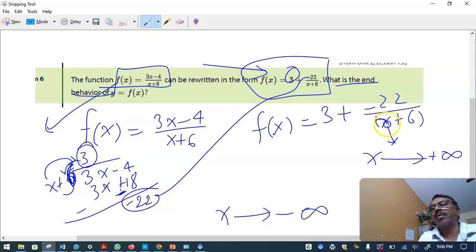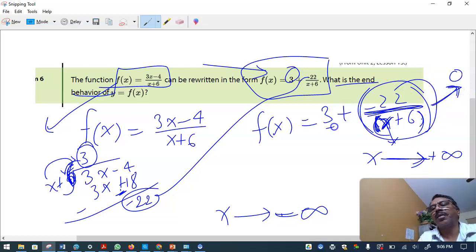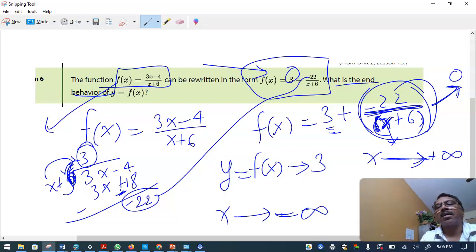The moment x is large, this whole fraction will collapse to almost 0, because the larger the denominator is, it doesn't matter, positive side or negative side. So this is what I'm left with. That means your f of x, the output, will approach almost 3. We call the output y, so y will approach 3, and that's called the horizontal asymptote.